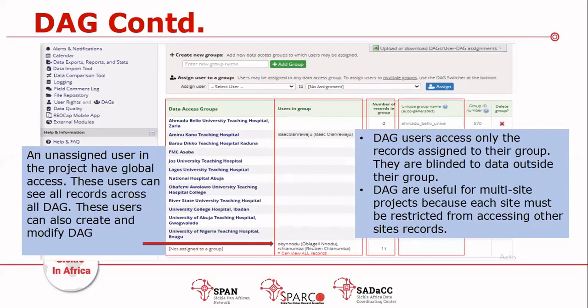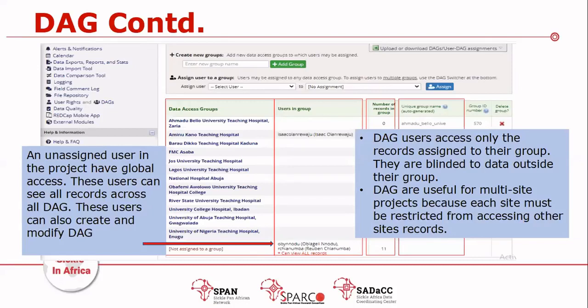the data access group. And then Anemi mentioned that we can assign roles and also assign people to a particular hospital. On this project, I've assigned Isaac to Aminu Kano Teaching Hospital. It means that Isaac can only enter data for Aminu Kano Teaching Hospital and can only access data from that site.